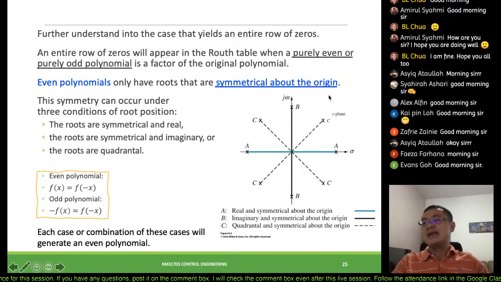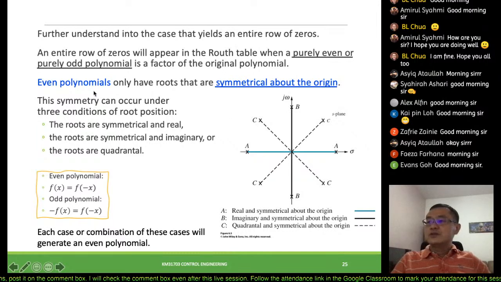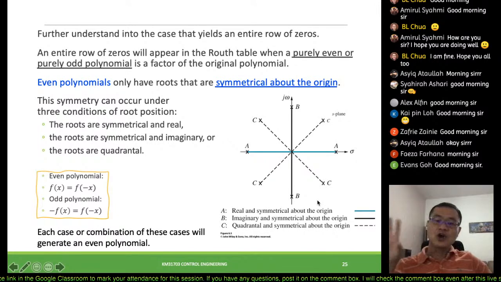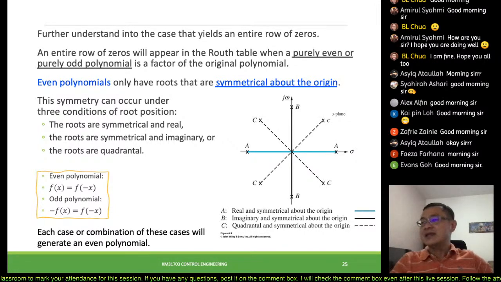Remember, this is our S-plane, okay. So eventually, if we get this even polynomial, then it is symmetry roots that occur on our S-plane, right? And it's symmetry about the origin.